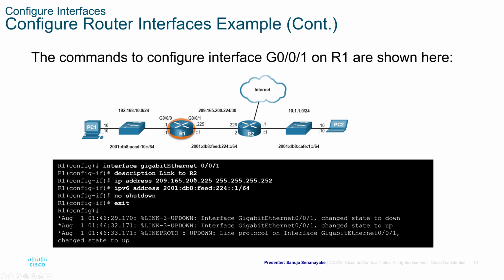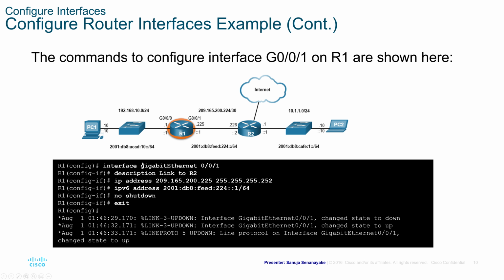Again, you can name it whatever you like, and you use the same IP commands to configure IPv4 and IPv6. Again, you can pick whatever IP addresses you're supposed to pick. In this example, they actually picked a different subnet compared to G0/0, because remember G0/0 is 255.255.255.0, and here we have 255.255.255.252, as I mentioned before.